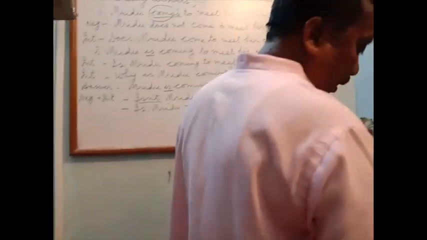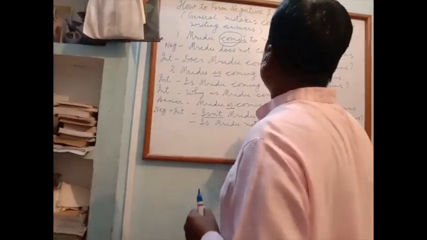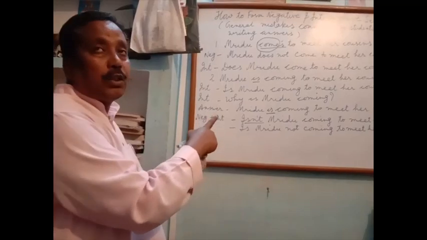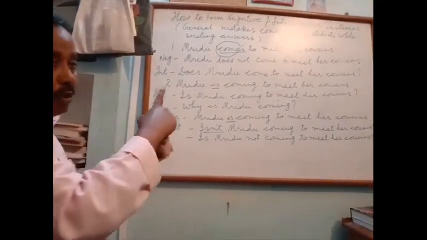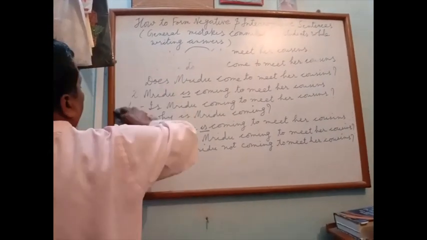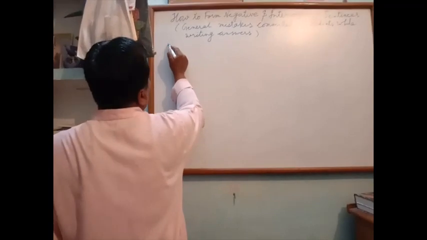Now let's see the use of simple past tense. Take the screenshot. I am going to rub it out. Simple past tense. Number 3.